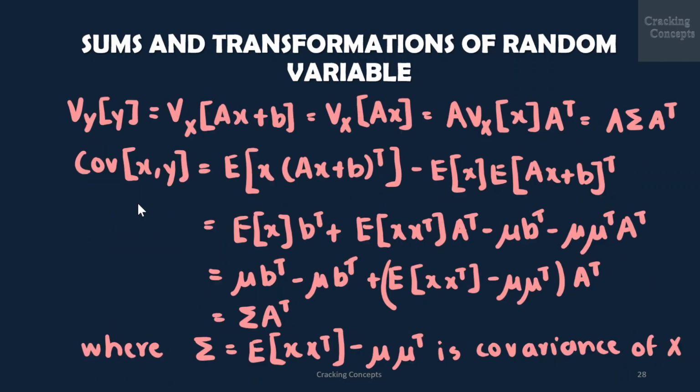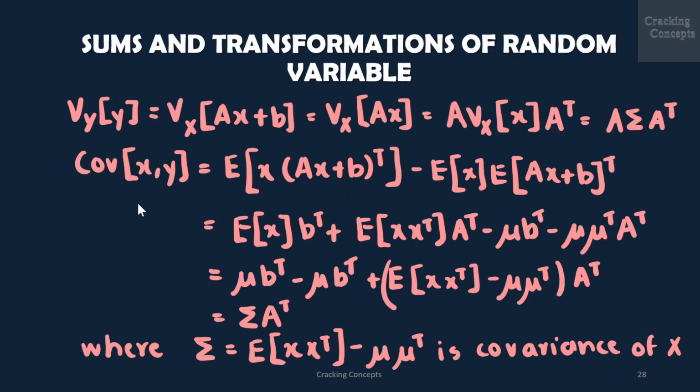Similarly, variance of y, written as variance of Ax plus b, written as variance of Ax, which can be written as A into variance of x into A transpose, which gives us A sigma A transpose.